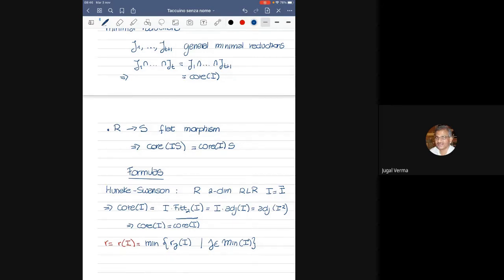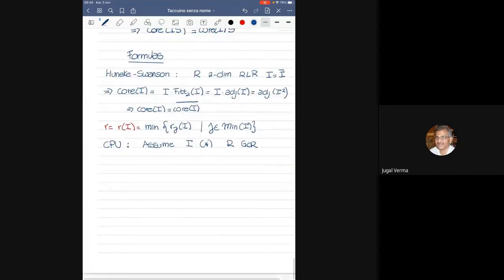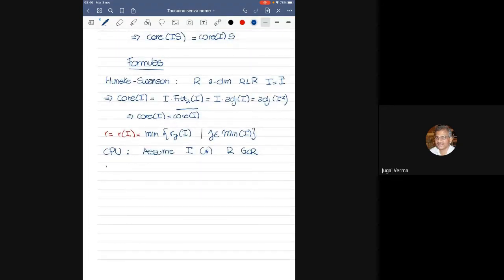So the next theorem is actually due to Corso, myself, and Ulrich, and that says, assume again that I satisfies star. And also R is Gorenstein, so it's not a regular local ring, but it's Gorenstein. Then what we can say is that r is less than or equal to l minus g plus 1. Actually it is an if and only if, which is very important because it really says that the core reads the reduction number.